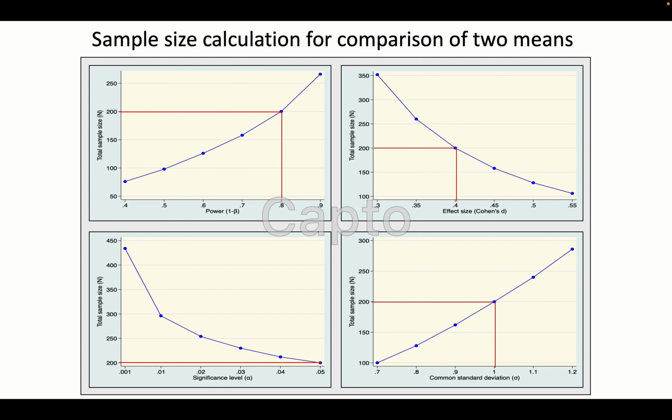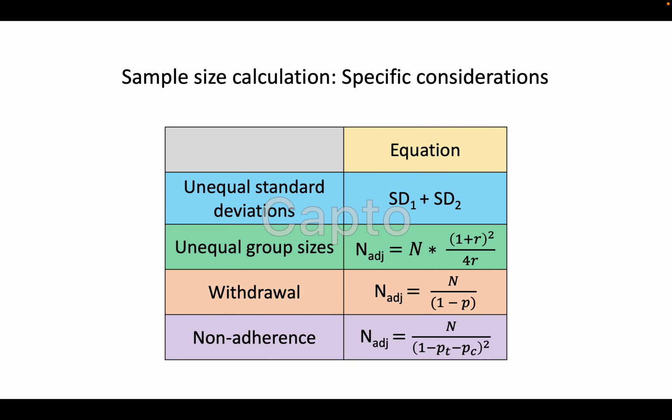So it's something similar to what I showed you a couple of slides before. And something that I wanted to show you as well is that we do have specific considerations for the sample size calculation. I think I mentioned before that the equation that I gave you assumes that the standard deviation is roughly the same between the two groups, but we also have a different equation whenever the standard deviations are considered unequal.